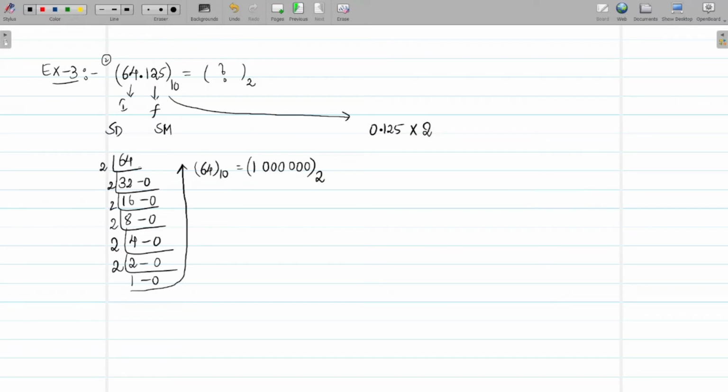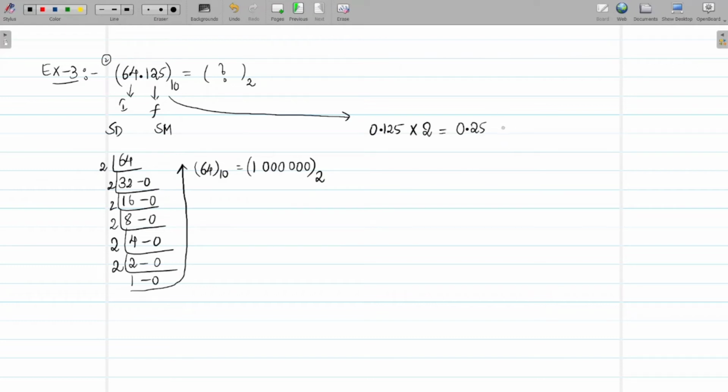Here, if you observe, I was dividing the given decimal number continuously with the base; here I need to multiply the number continuously with the base into which we need to convert. So here 2 is the base. So I need to multiply this with 2. 0.125 into 2 is 0.25.